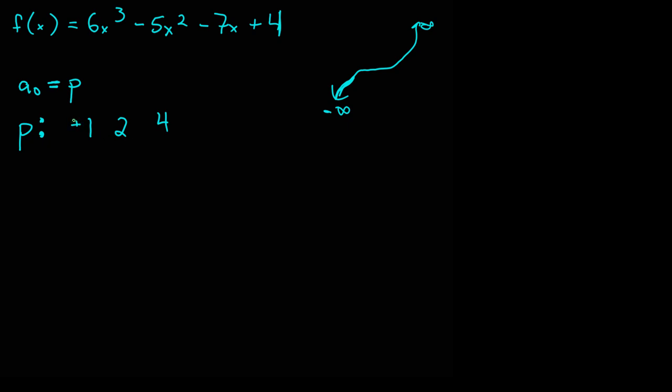So for all the factors of 4, I have my positive versions and my negative versions. And so those are the possible p's.